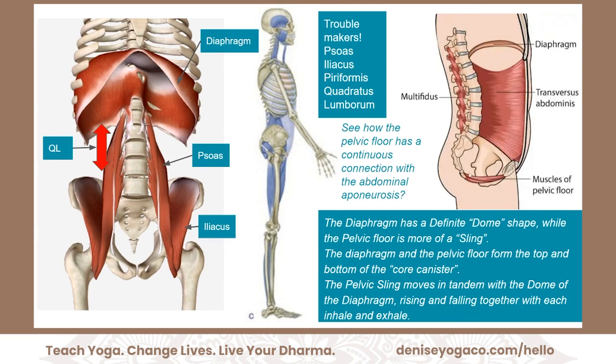This is basically the floor of your core canister, whereas the diaphragm forms the lid of the core canister. And then you have this layer of muscle, and then your obliques and your rectus abdominis. In the back, you get some additional support from the QLs, but mainly it's these more superficial muscles.